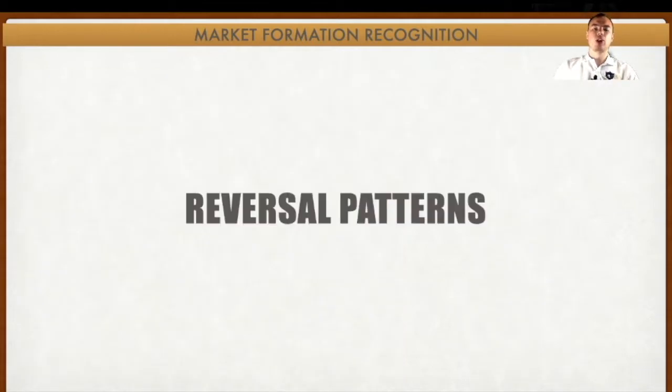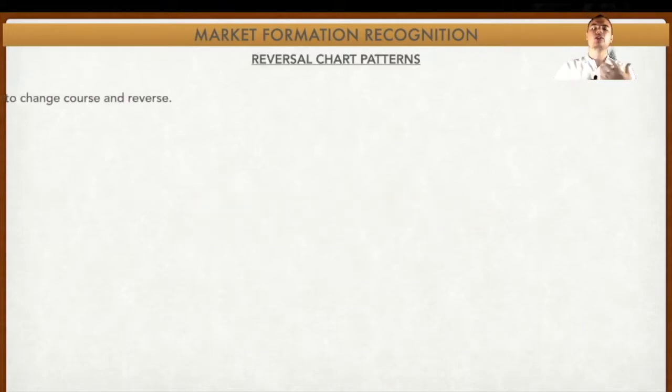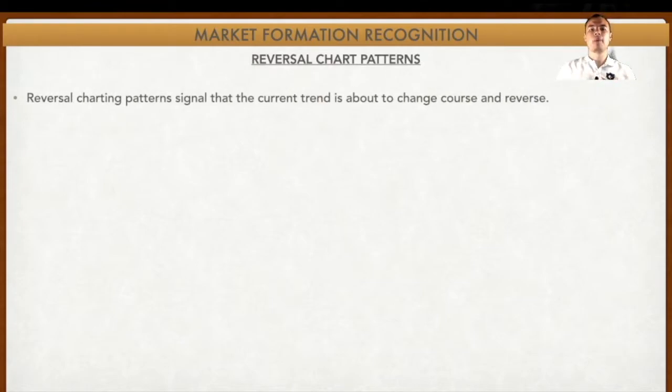So onto now, a lot of the patterns that occur come from your reversal patterns. There are more reversal patterns than continuation patterns. These are more accurate and they occur a lot more often than your continuation patterns. Your reversal charting patterns indicate that there's most likely going to be a change in the trend.